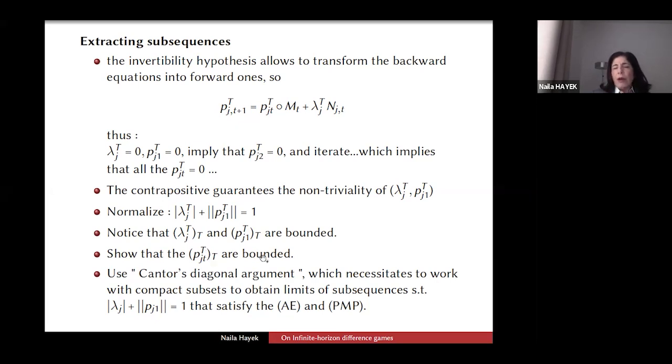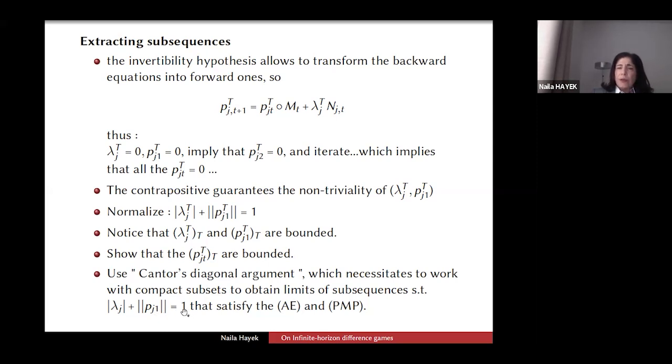So now I use a Cantor's diagonal argument because it needs to have compact subsets to work in it. This is what we obtained. So I can get limits of my subsequences such that lambda j plus pj1, which will be the limit of the subsequences, will be equal to 1.